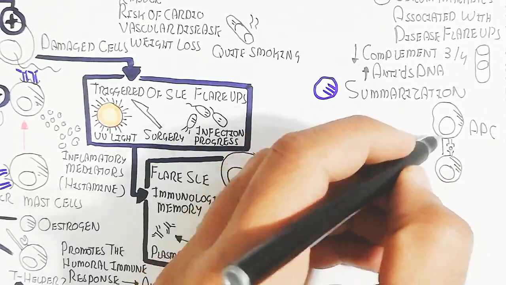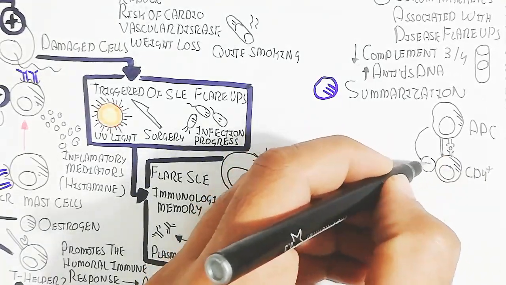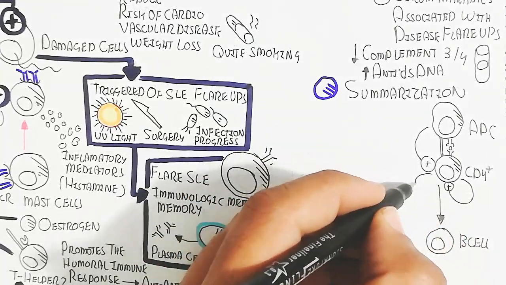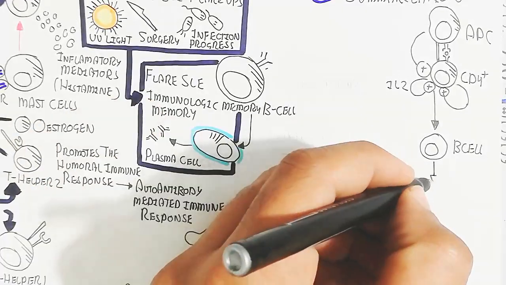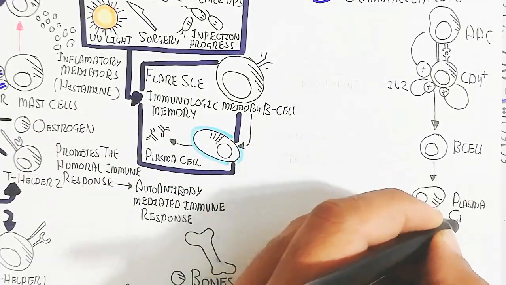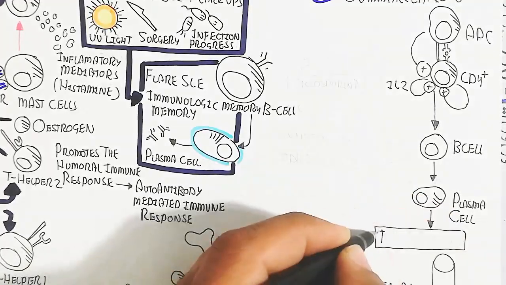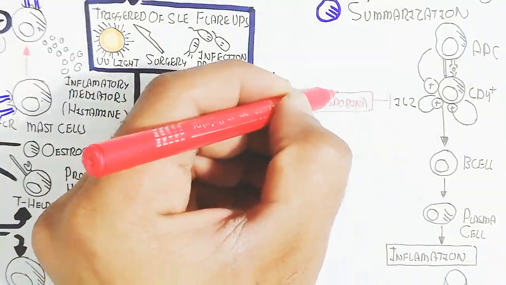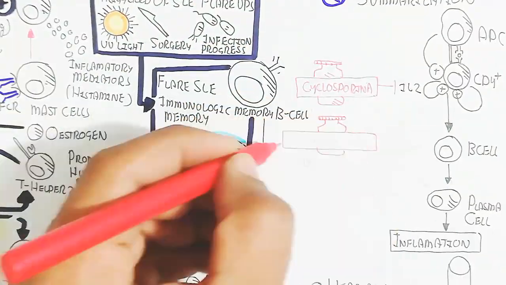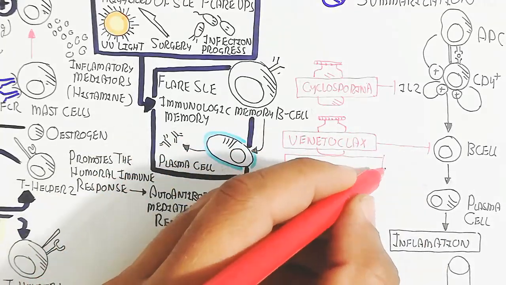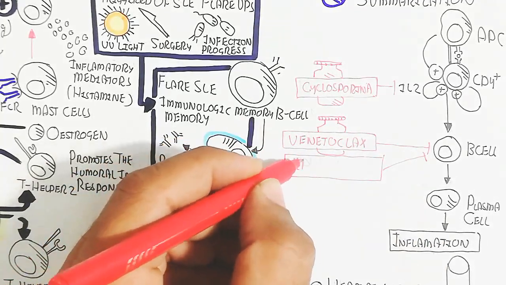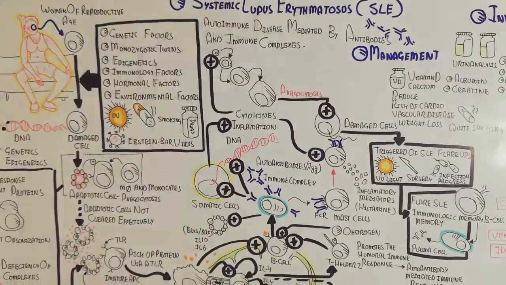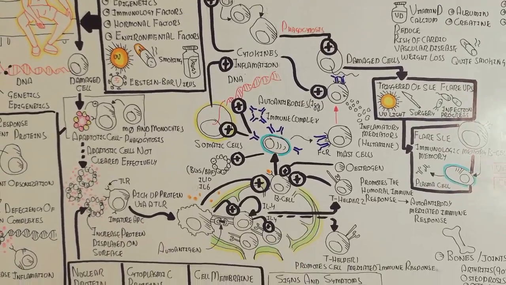The antigen presenting cell will represent the antigen as a self antigen to the CD4 positive T cell, and interleukin 2 will recruit more CD4 T lymphocytes, and the B cell will also be recruited through CD4, and in this way plasma cell formation leads to more inflammation. Cyclosporine is an inhibitor of interleukin 2, and venetoclax and other drugs will inhibit B cell proliferation.